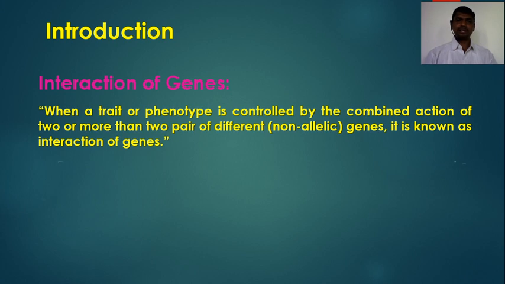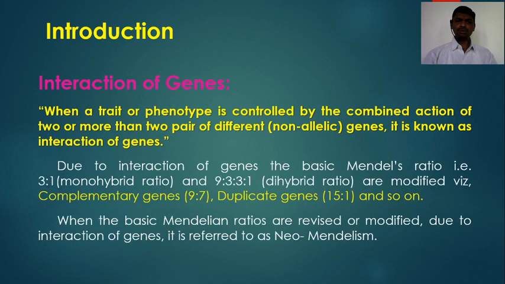Due to the interactions of the genes, that is, interallelic genetic interaction, the basic Mendelian ratios, the monohybrid ratio 3:1 and the dihybrid ratio 9:3:3:1, are modified.